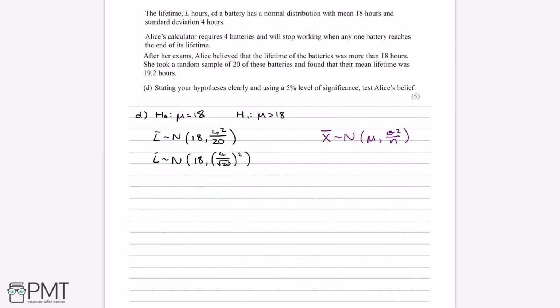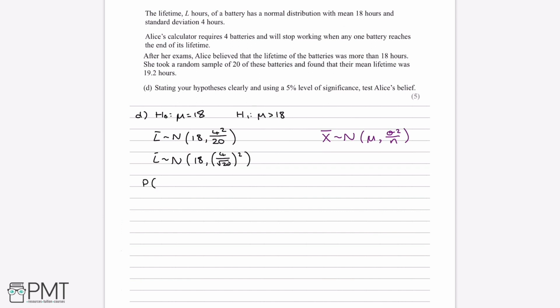So now we want to find the probability that this L bar is greater than 19.2 hours, because this is what Alice found their mean lifetime to be. So we want to see if this sample mean is greater than what Alice said, which was 19.2 hours, and we want to find the probability of that.